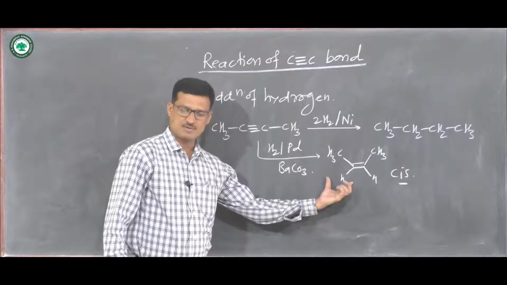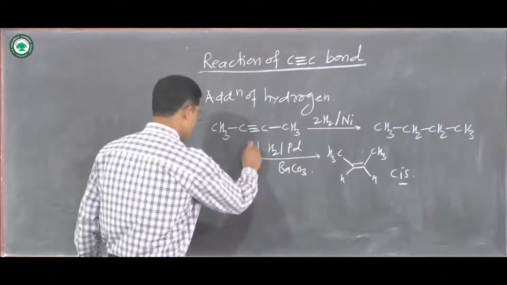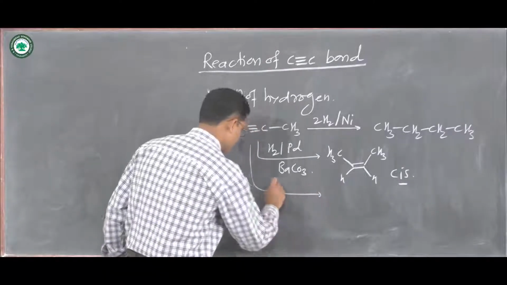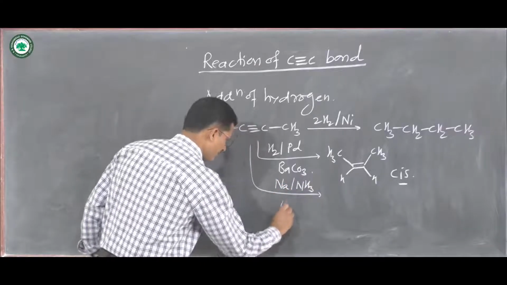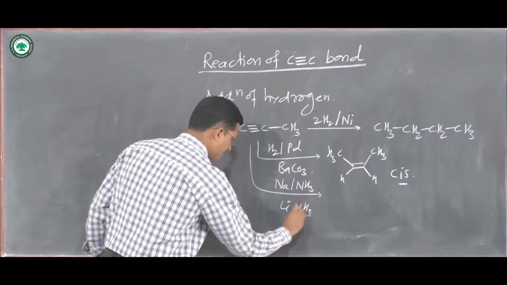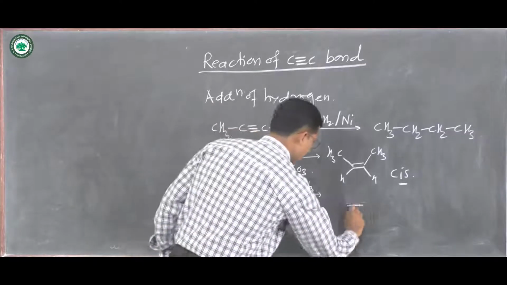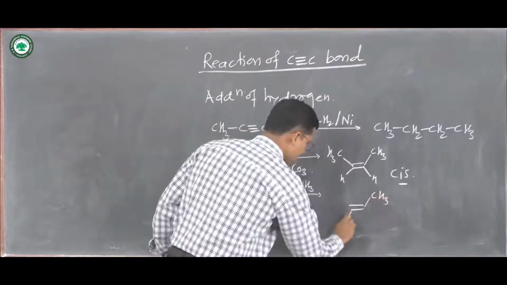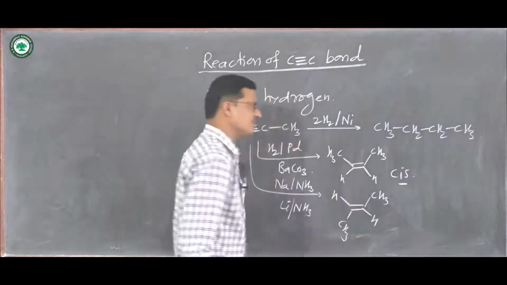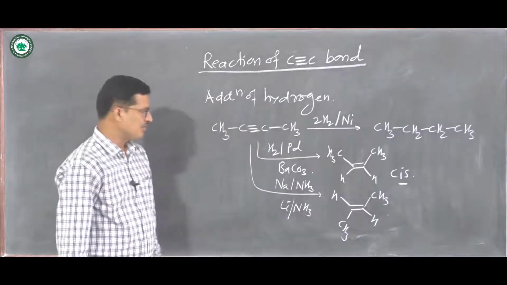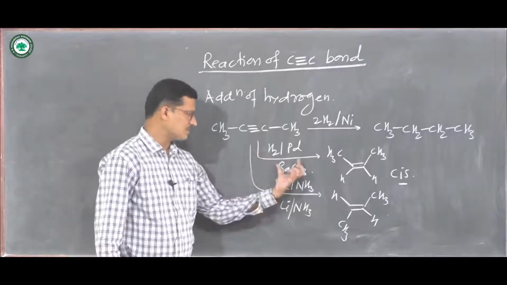Again, you take the same starting compound and they are treated with sodium in ammonia or lithium in ammonia. Then what happens? We get a trans compound here. So these are some reactions of carbon-carbon triple bond.